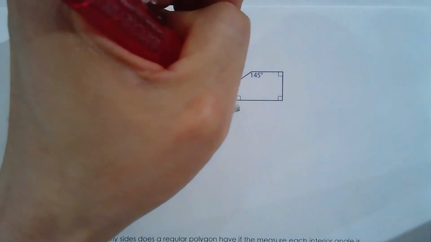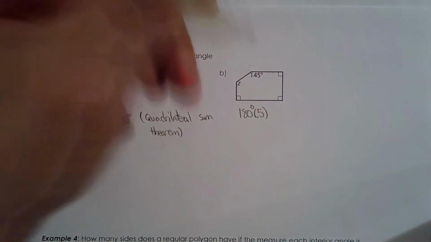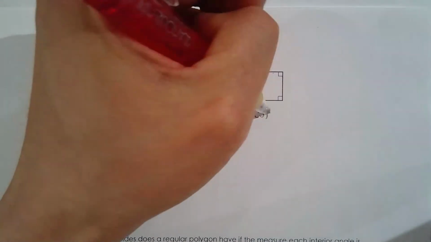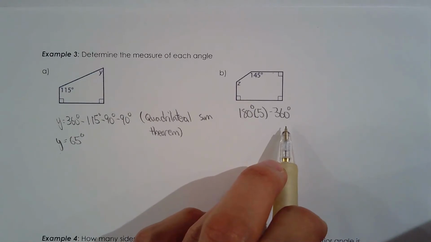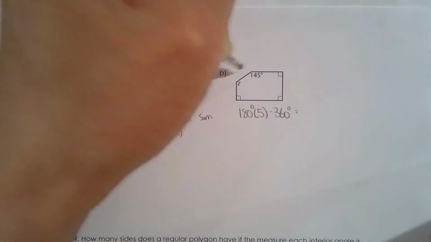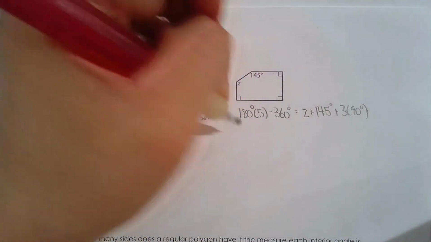I really want you to practice solving equations, which is 180 degrees times, in this case, it's a pentagon, so 1, 2, 3, 4, 5 sides, minus 360 degrees. So this is the sum of the interior angles of the pentagon, which is equal to these 5 interior angles, which is z plus 145 degrees plus 3 times 90 degrees, because I have 3 right angles in this polygon.